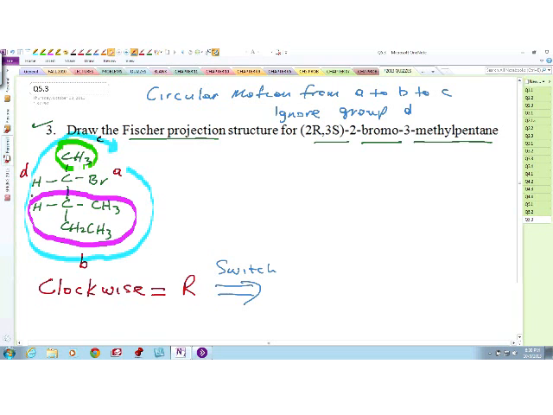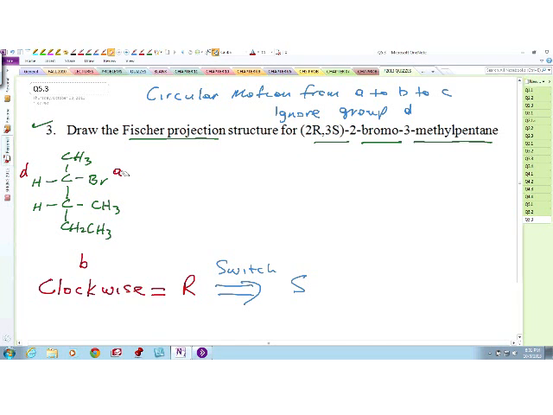So in reality, the absolute configuration of this carbon is therefore S. You follow that? Okay, now, if the configuration of this carbon is S, what do they tell us to give?